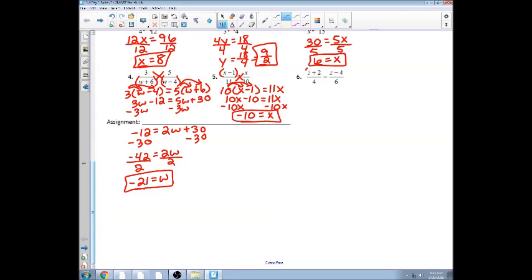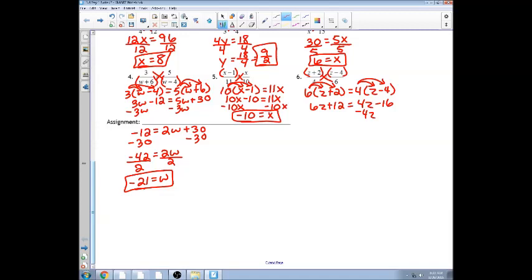And number 6, again, I need to use parentheses. Cross multiply, this would give me 6 times the quantity z plus 2 is equal to 4 times the quantity z minus 4. Distribute. 6z plus 12 is equal to 4z minus 16.